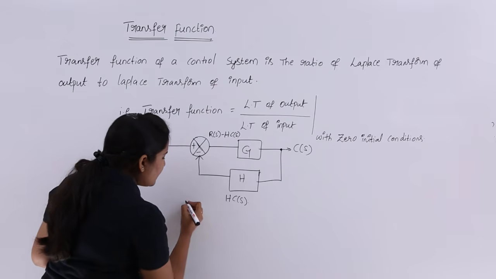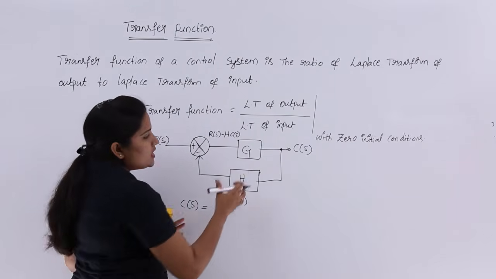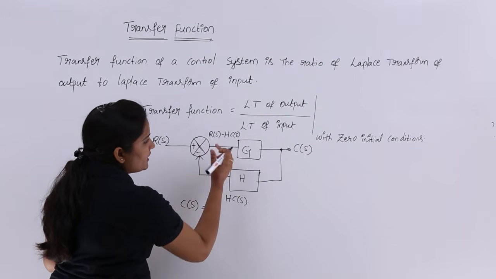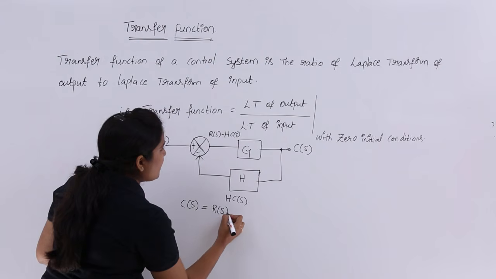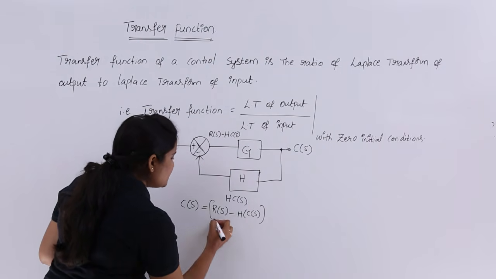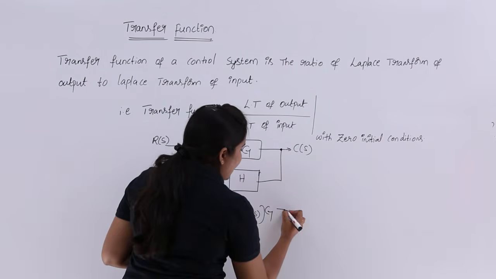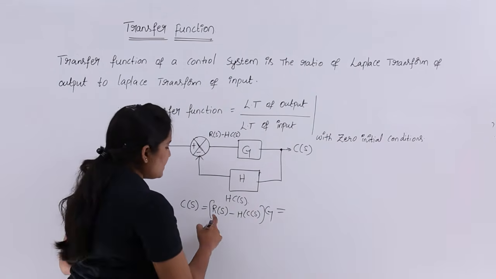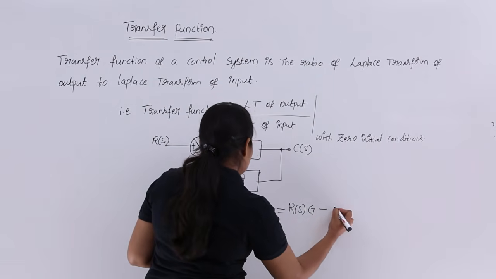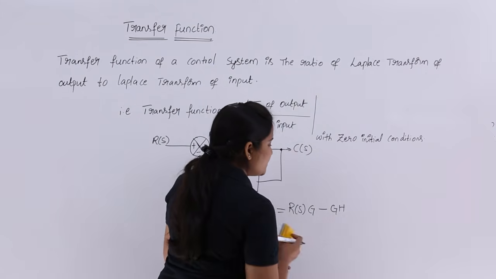Now, if you want to write the equation for the output, C(S) is equivalent to R(S) minus H into C(S), all multiplied by G. So, I can write this as R(S) into G minus GH into C(S).